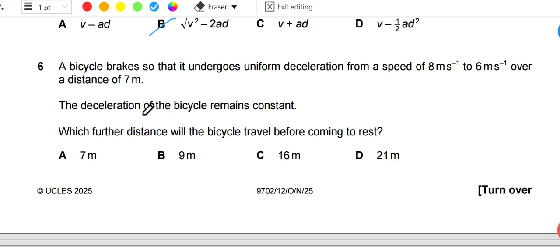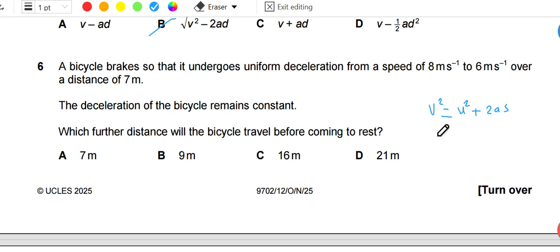So we have initial and final velocities, we have constant deceleration, we have distance. The formula v squared equals u squared plus 2as is the right one to choose.